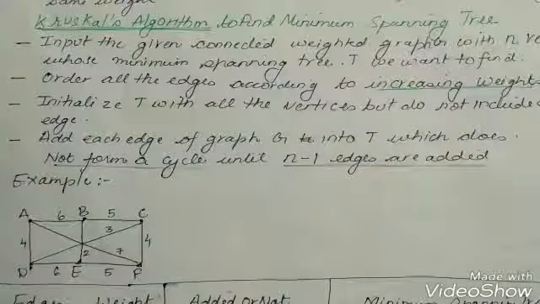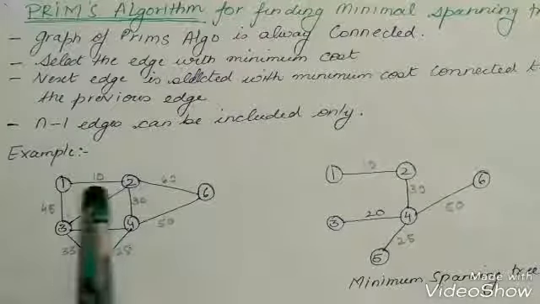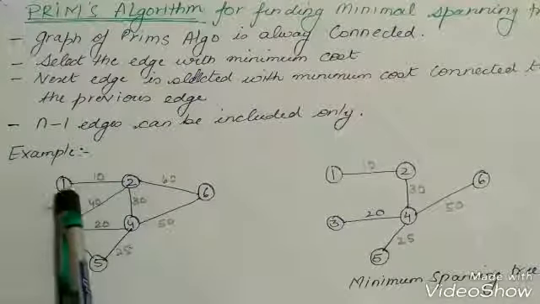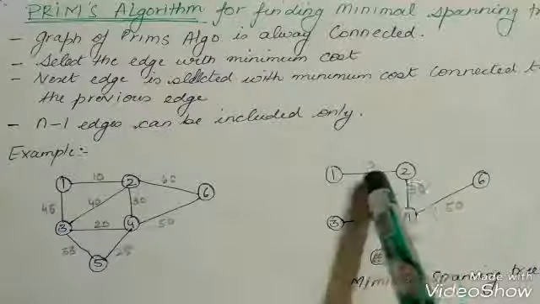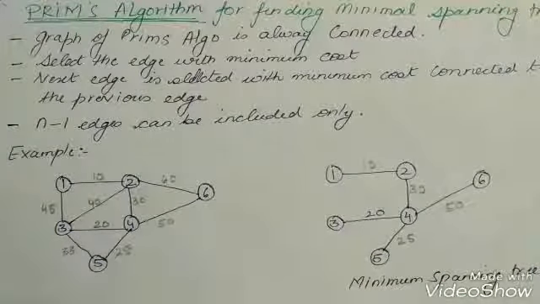The first step is we will choose the edge which has minimum weight. Here we can see that 10 is the minimum weight assigned, which is between nodes 1 and 2. So we choose this edge 1 and 2 and write the weight 10. Now the next edge which we will choose is one connected to these two nodes.